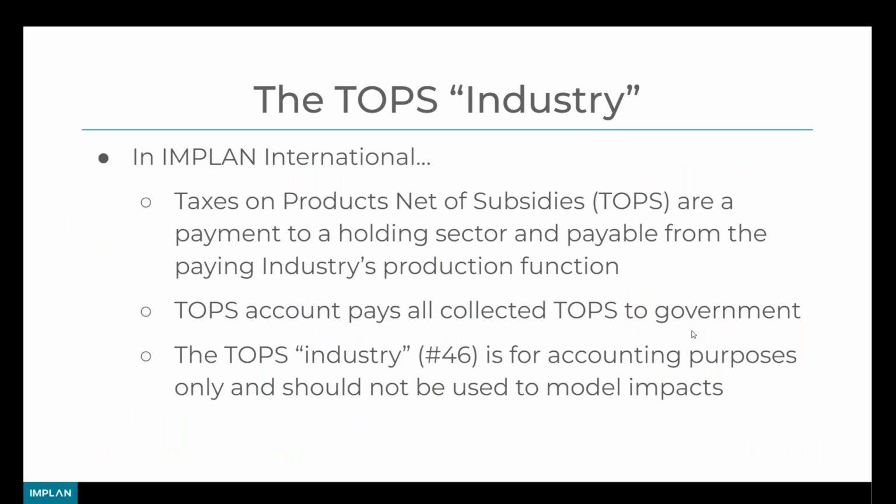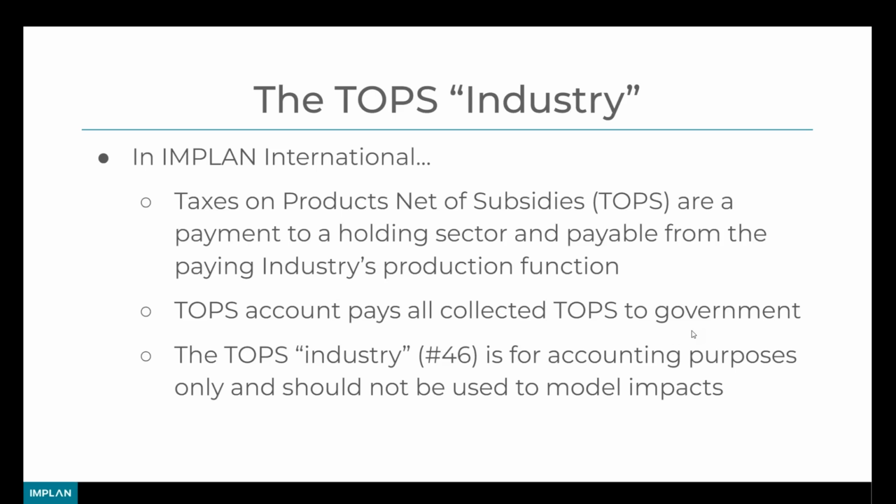Some of you may now be wondering, where do TOPS, or the taxes on products net of subsidies, get accounted for? In the international product, TOPS is accounted for in a holding sector that is used for accounting purposes only. What this looks like in practice is that the TOPS is included in the paying industry's production function in their intermediate inputs.